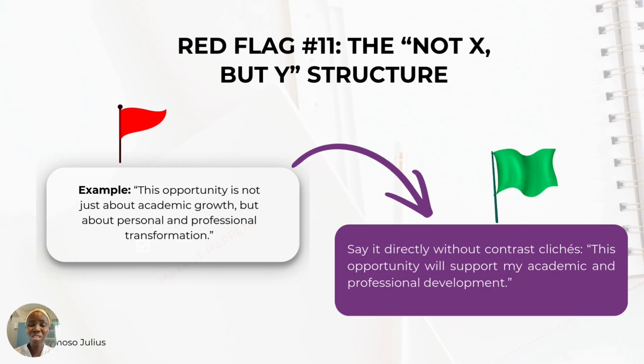It's a cliche contrast that you should totally avoid in your scholarship essays. Say it directly without contrast cliche. Just say this opportunity will support my academic and professional development. Be direct about it. There is no need to make contrast or comparisons that are totally unnecessary.